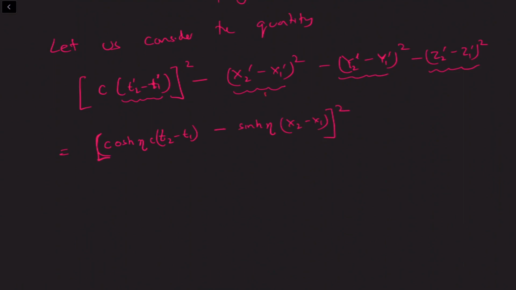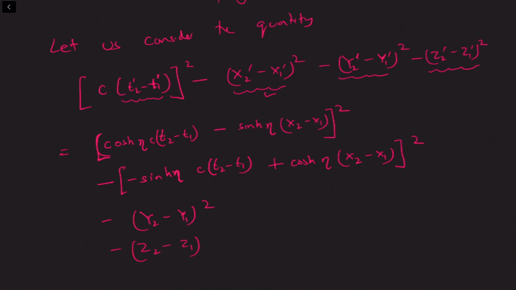And then if we consider the second term over here, this would be minus, within brackets, minus sinh eta times c(t2 minus t1), plus cosh eta times (x2 minus x1), whole square, minus (y2 minus y1) whole square, minus (z2 minus z1) whole square.